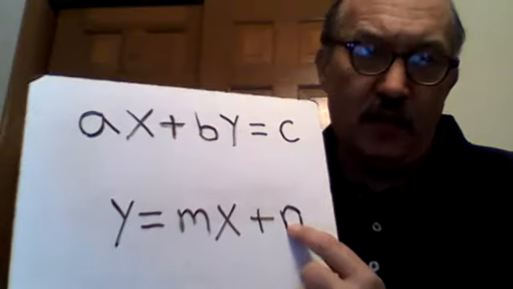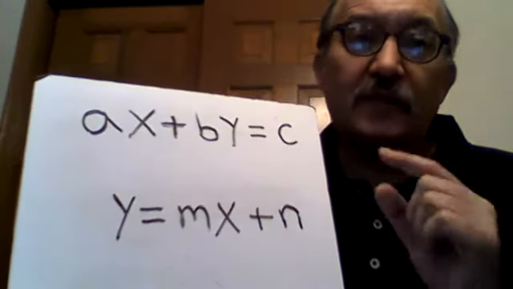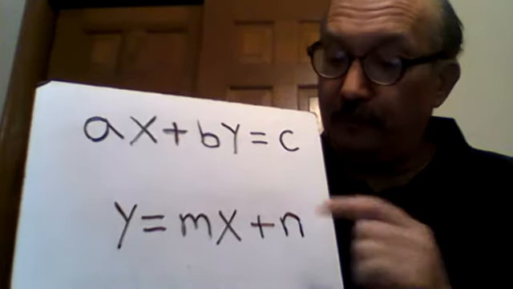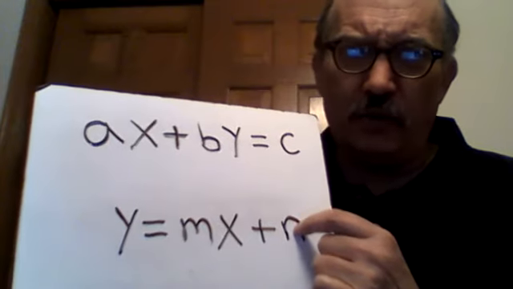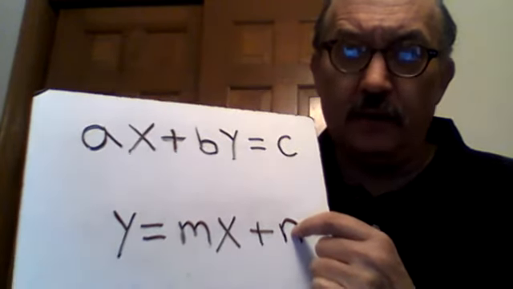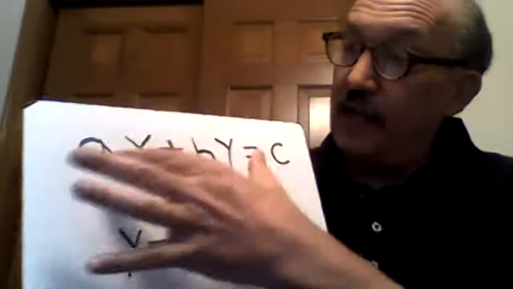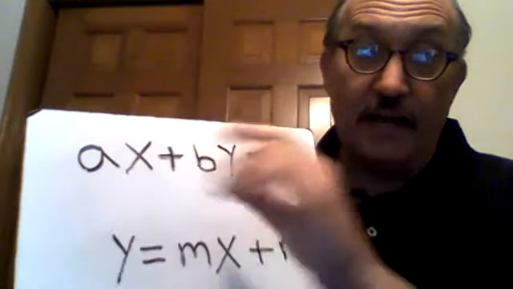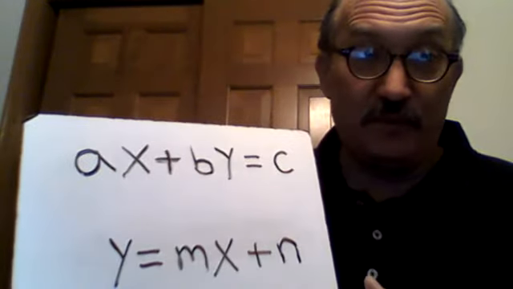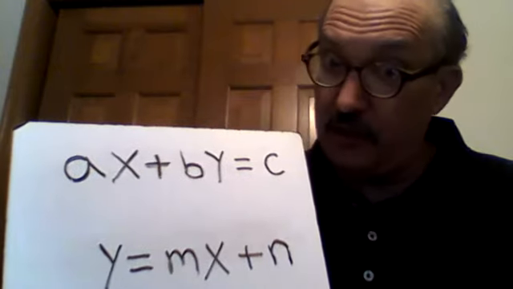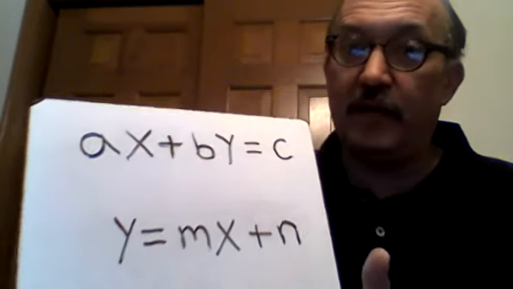This n over here, this number, this is something you can understand right now. This is the y-intercept of the line. You already know how to take the standard form equation of a line and find the x and y intercepts. That's a very simple thing. You should have mastered it by now.